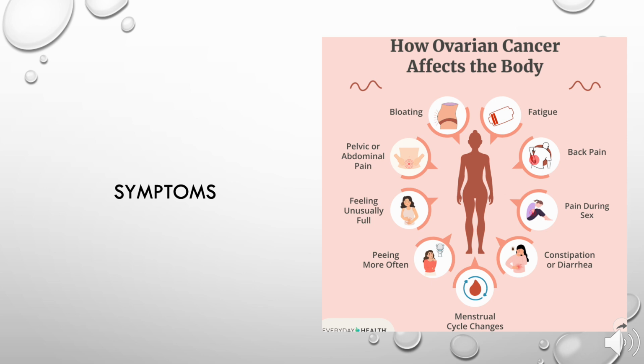And so some of these signs may present and it may not trigger the physician to think that it's ovarian cancer. Some of these symptoms can include bloating, fatigue, back pain, pelvic or abdominal pain, feeling full and bloated, having to use the restroom and pee more often, menstrual cycle changes, constipation or diarrhea, and even pain during sex.